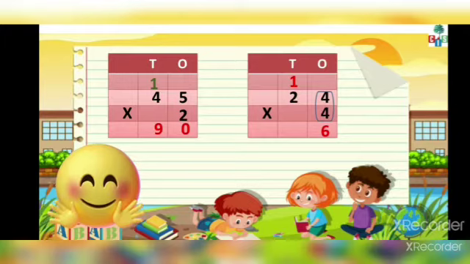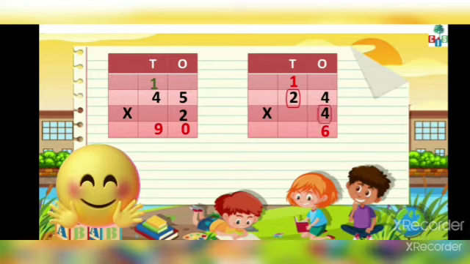Done? Now, if you remember, in addition we used to add the carryover, right? Here also we will add it, but before that, we will multiply and then you will add it. Okay. So first you will multiply it. So 2 multiplied by 4. First multiply it.